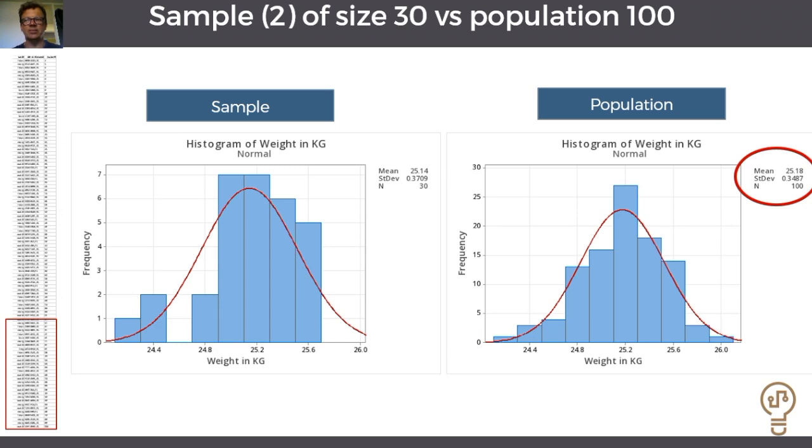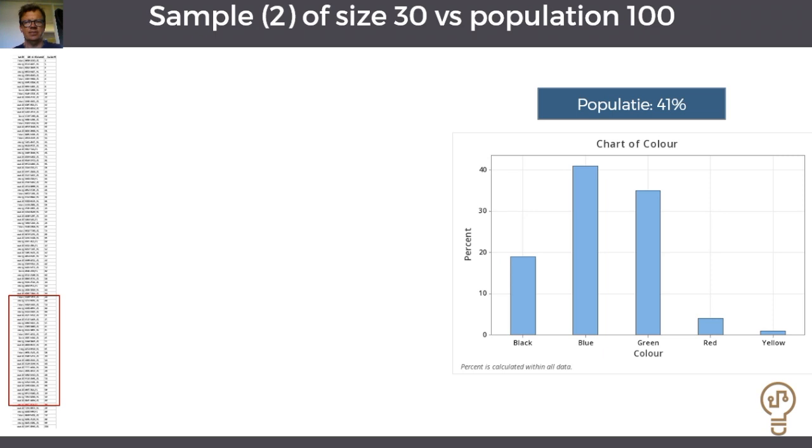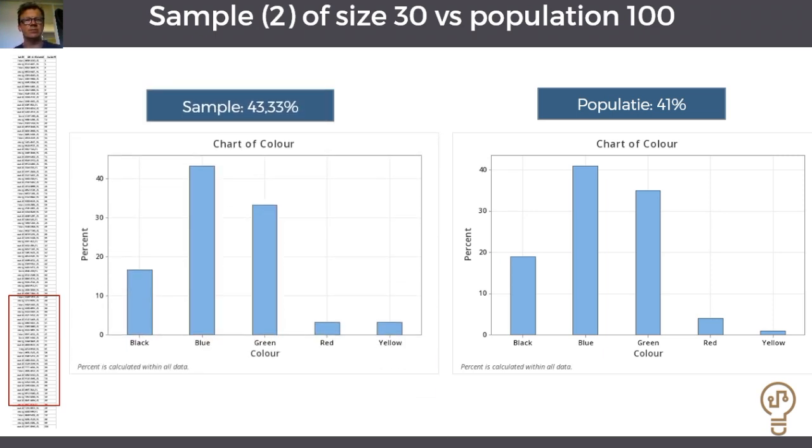The population mean is 25.18 kilograms. The sample shows an average weight of products of 25.14 kilograms. And in the population, the percentage of blue shovels is 41%. This sample comes up with a sample percentage of blue shovels of 43%.